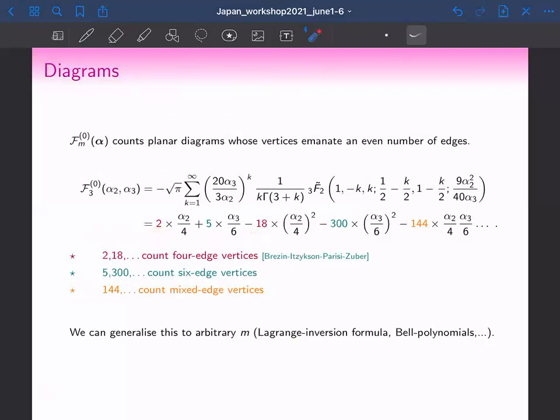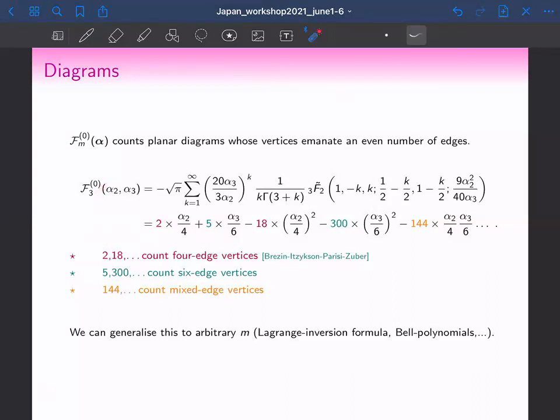So this really counted the connected diagrams where each vertex emanated 4 edges. And now that we also have this order 6 term in the matrices, we can also count diagrams whose vertices emanate 6 edges, which is essentially this 5, 300, and so on and so forth. This is all genus 0, meaning that I'm on a sphere.